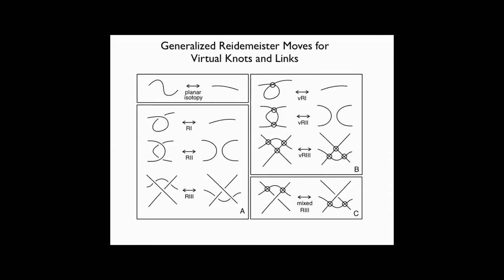And now for the moves. Here is the extension of the Reidemeister moves to allow you to do virtual knot theory. It's the usual Reidemeister moves on the left, and then these moves that you see on the right for virtual crossings.